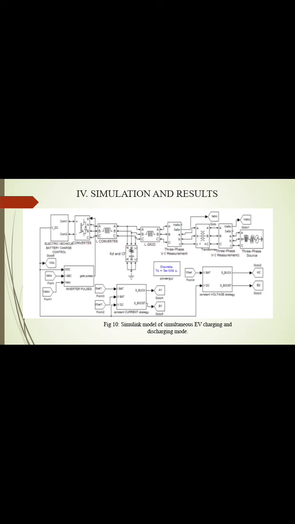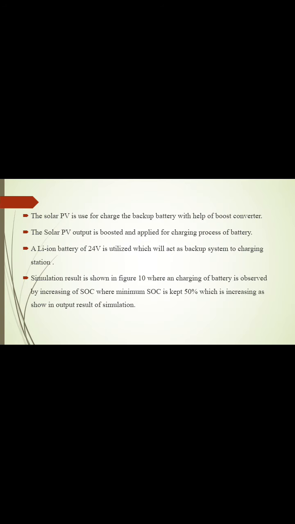Simulation and result. The grid-connected EVs operate in both charging and discharging mode. EVs are plugged into separate slots provided for charging and discharging. This is the output waveform of the SOC of the EV batteries.